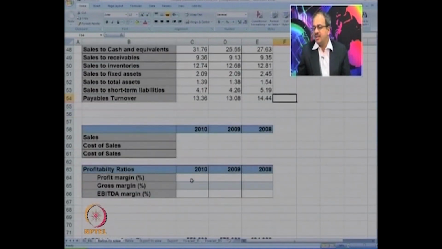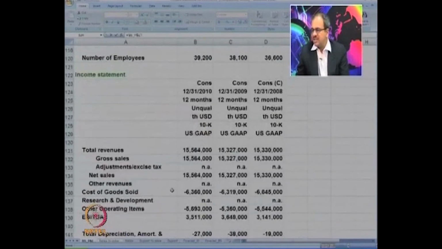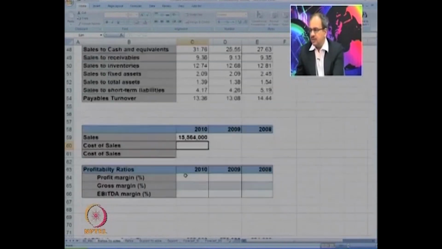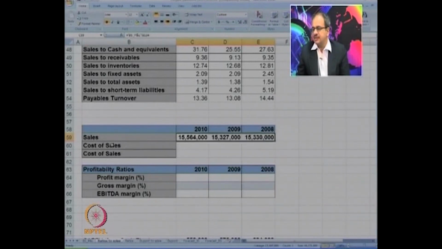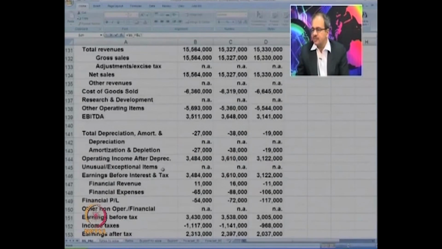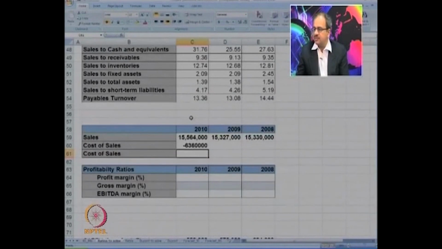Now we will look at the profit margins. For that we need to have figures like sales and cost of sales. So let us try to bring those figures here. So this is the sales. We are essentially looking at the net sales. If you go to the income and expenditure statement, you can see the cost of goods sold figure.